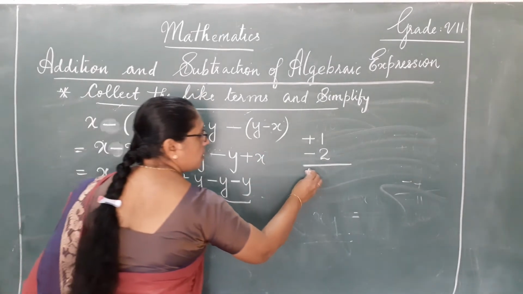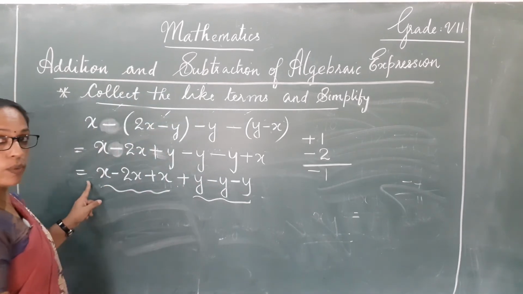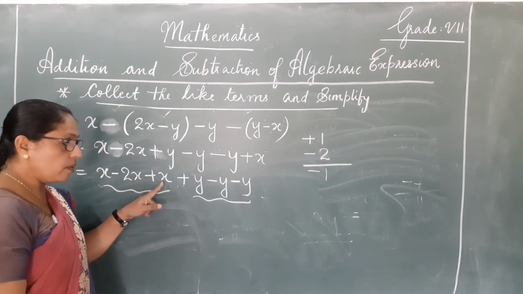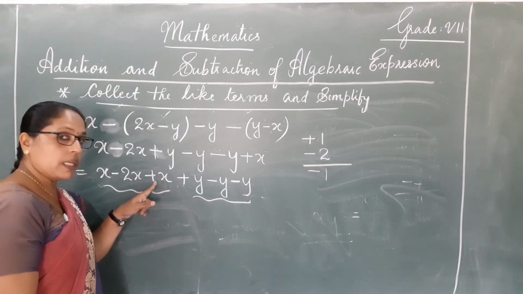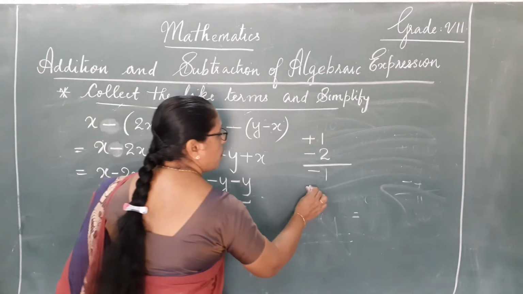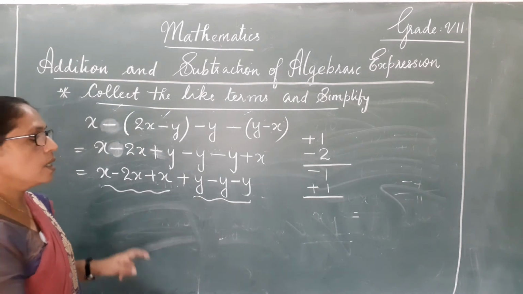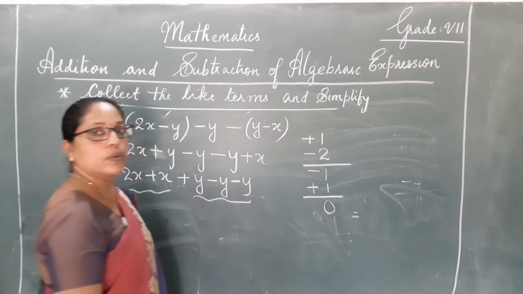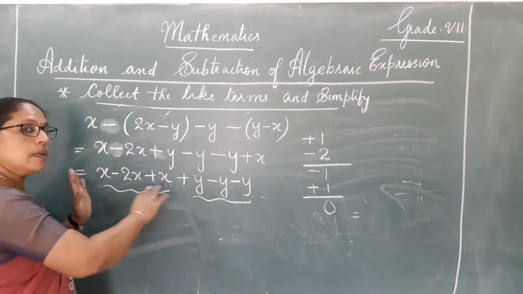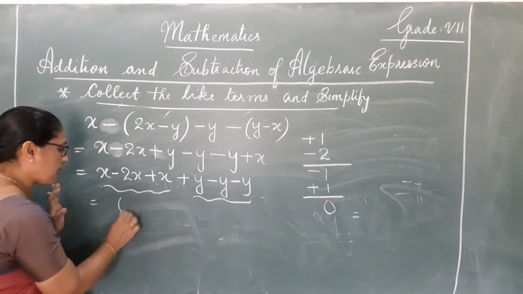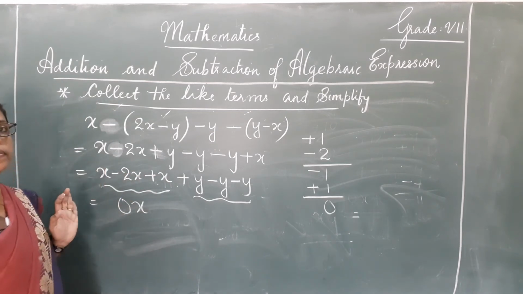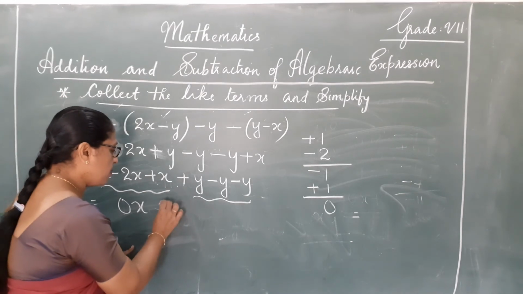Yes, negative 1. That's not over. Now negative 1, and now we come to the next one. What is the numerical here? Positive 1. So we get 0. That means the x term is not there. That is 0x. Come to the other side.